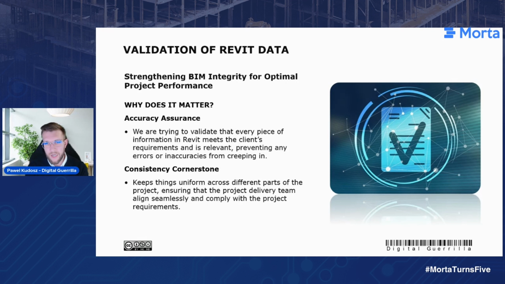So we don't end up with some scattered information throughout the model. We have sorted information that is really needed for the client, and we make sure that everything is compliant. And if we put all of this together, all of this leads to a much more efficient process that allows us to save a lot of time and increase the overall efficiency of the project.